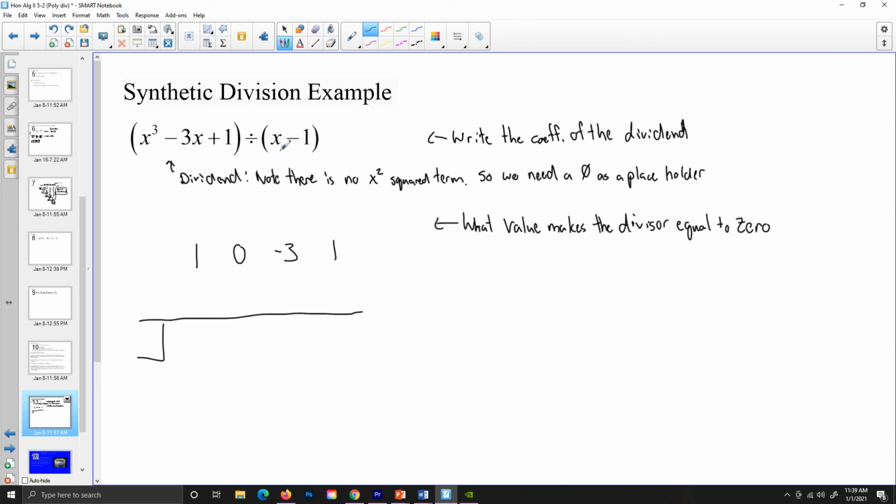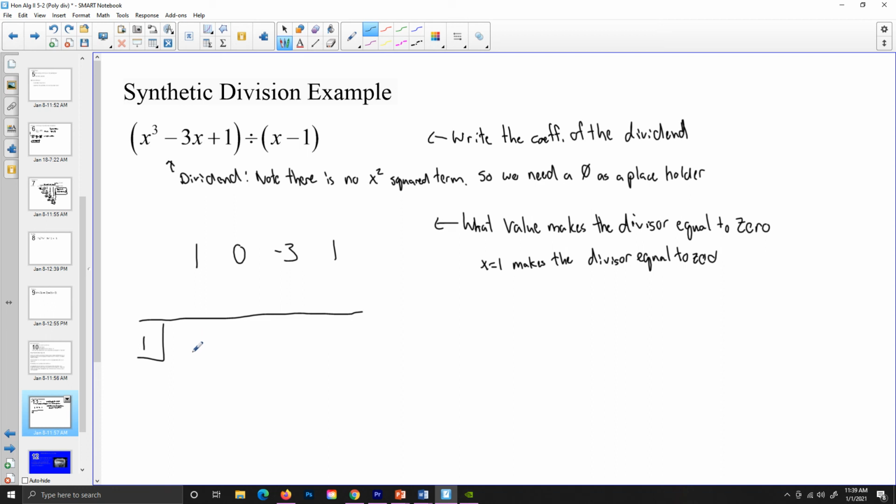In this case, what makes x minus 1 equal to 0? What value for x makes this expression 0? x equals 1 makes the divisor 0. And so I am going to put a 1 here.